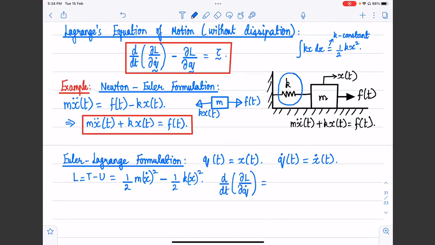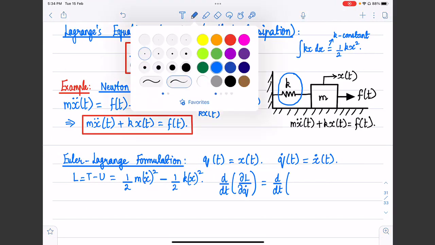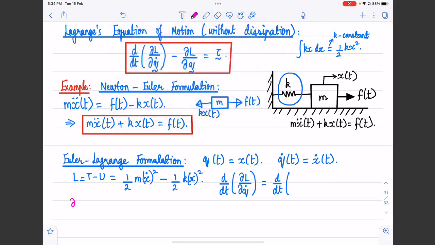I need to take the partial derivative of the Lagrangian with respect to x dot, since q dot is x dot: del by del x dot of 1 by 2 m x dot squared minus 1 by 2 kx squared.